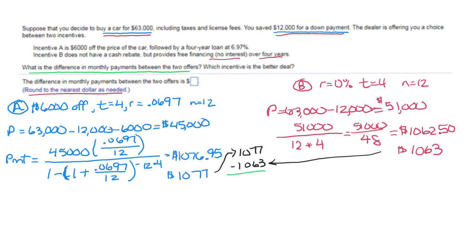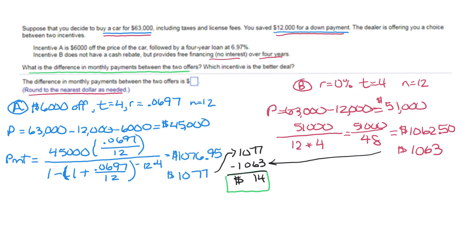And we get $14. So incentive A is costing you $14 more. So $14 is the difference, but that is incentive A is $14 more a month.